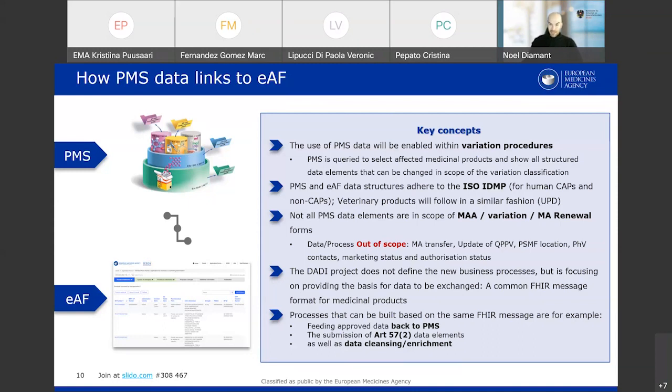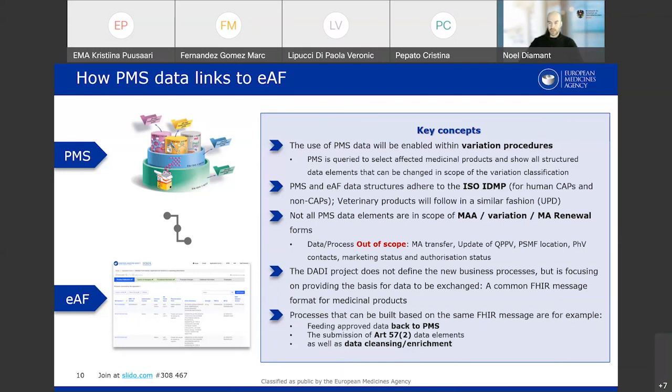Now, talking about data elements, not all PMS data elements, of course, are in scope of the electronic application forms, but a lot of them are. And which ones exactly, which data elements exactly will be covered in this webinar? Not only which ones, but how the data quality will be and all of this. And this is where Veronica and Marcus will give you a very good overview.